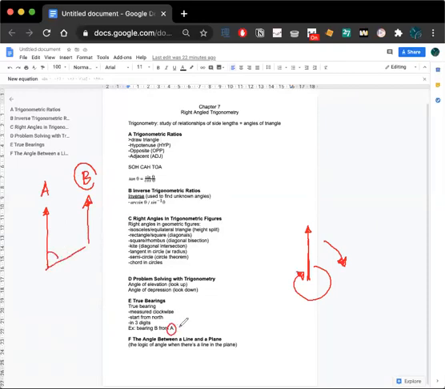Usually A is the origin of the bearing, and B is the point that you want to find the angle to from A. Since this is a pretty small angle, let's just say this is 60. This is an estimation. Then if you want to write the bearing, your answer should be 060 degrees.